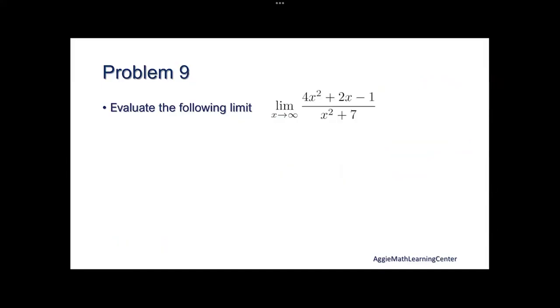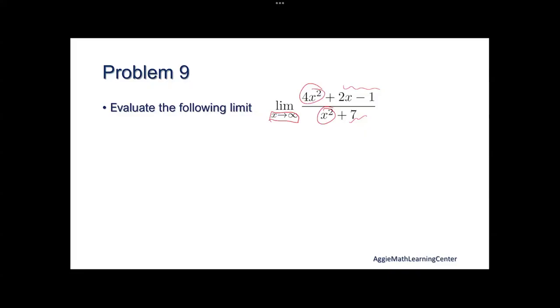All right, so this one, evaluate the following limit as it approaches infinity. My trick with these ones in particular is, okay, it's approaching infinity. And if you look at this term here and this term here, they have the same degree. So I'm just going to ignore all of these other terms over here because once you approach infinity, 7 really isn't going to do much for you.